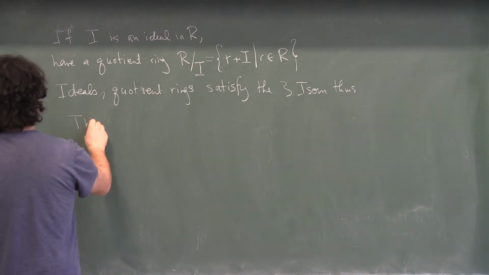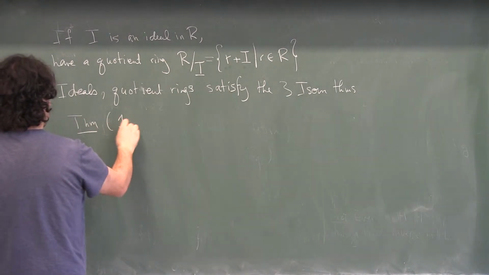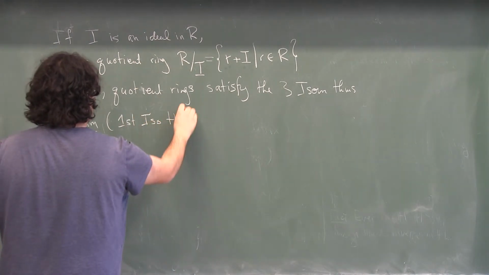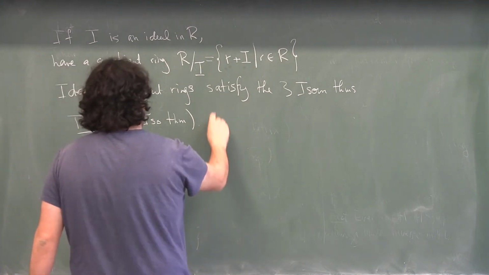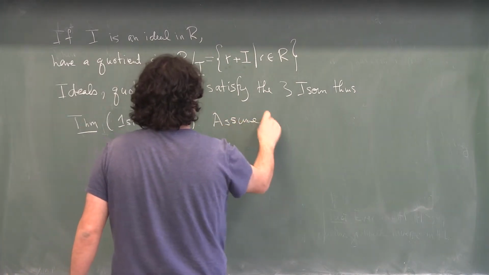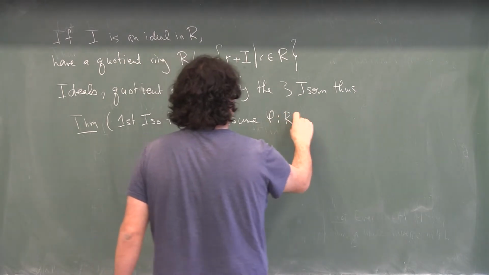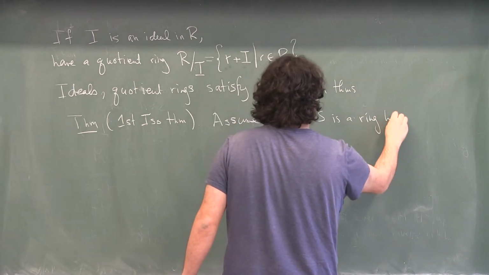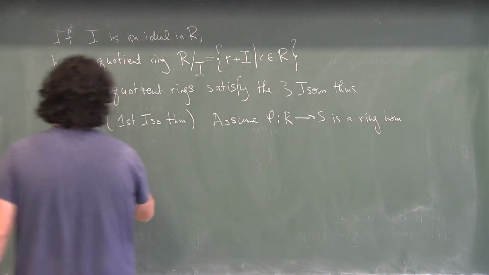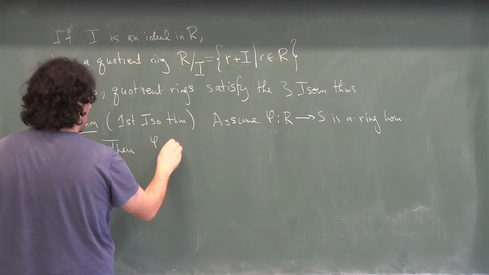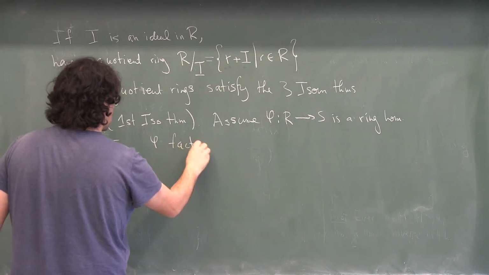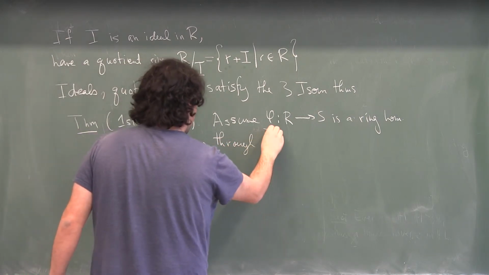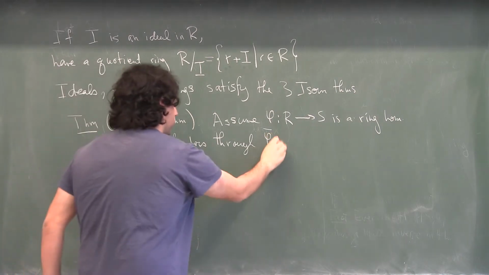So we have, for example, the first isomorphism theorem. This says, assume phi from R to S is a ring homomorphism, then phi factors through phi bar in the following diagram.